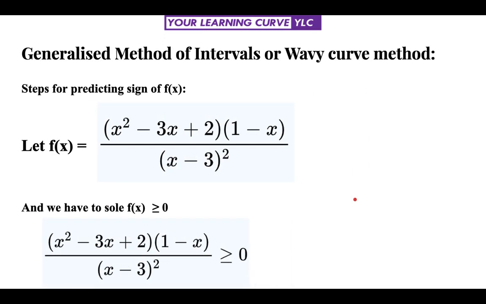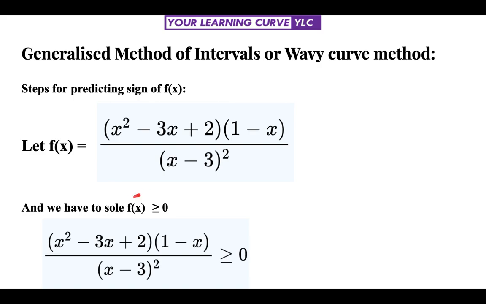Now let's discuss the steps involved in the generalized method of intervals. For this I have taken an example of a function given as (x square minus 3x plus 2) multiplied by (1 minus x), whole divided by (x minus 3) whole square.